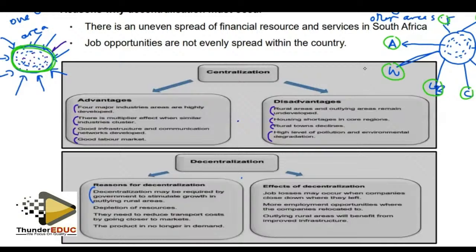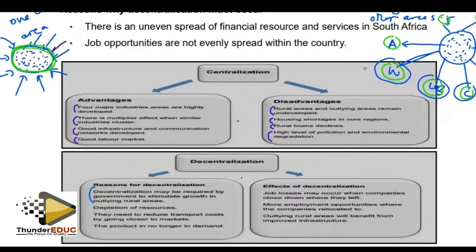Like we did mention here, when industries decentralize, it is going to develop these areas more than before, because before, these areas were underdeveloped. But because of decentralization, it will stimulate the economic growth of these outlying areas, other than focusing on a particular place.